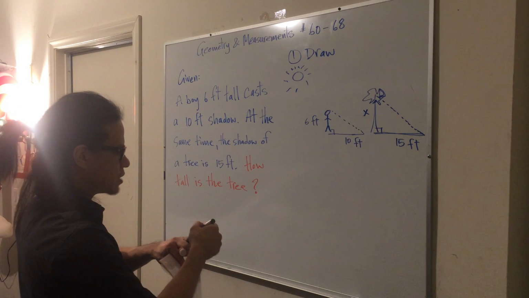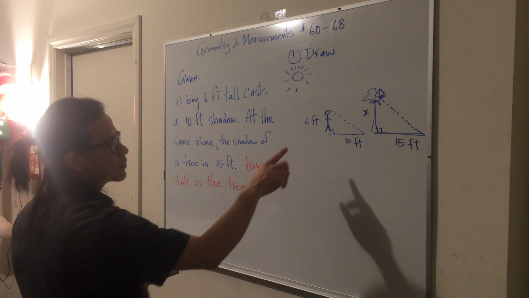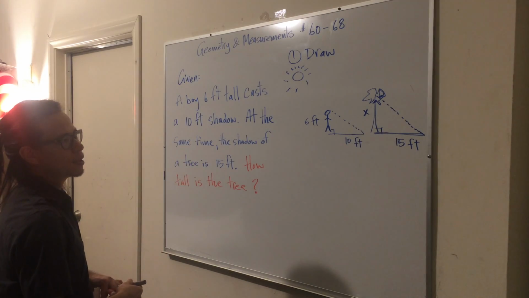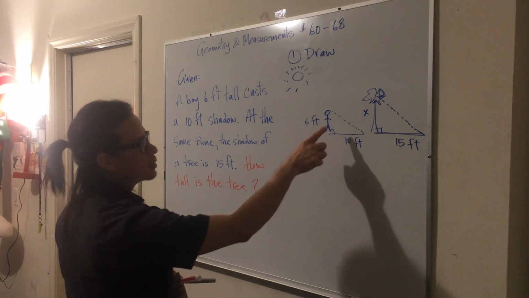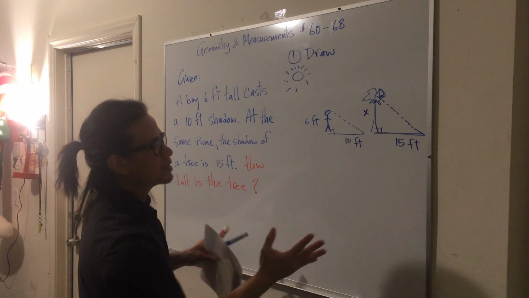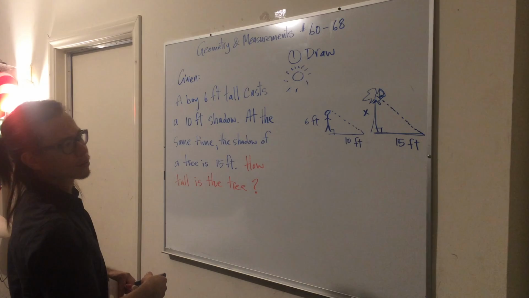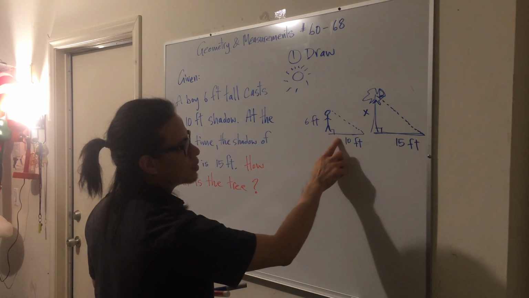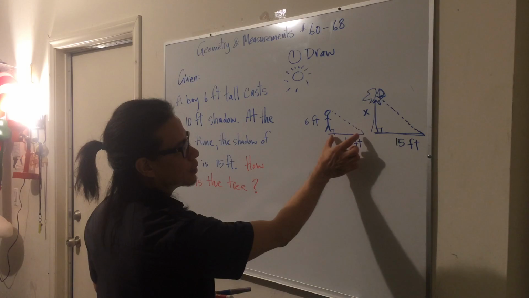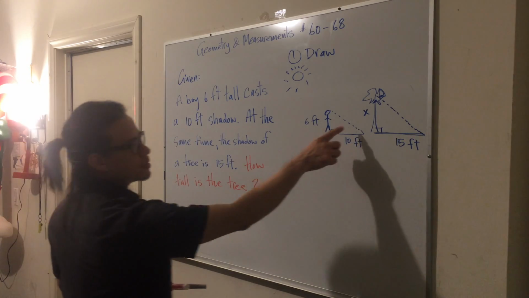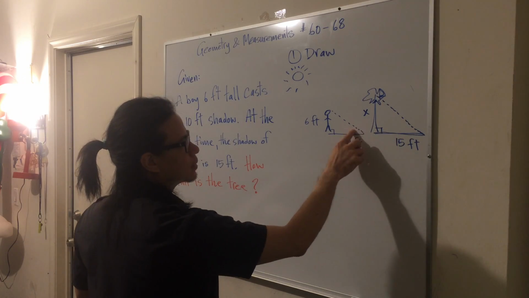The trick to this question is to realize that we have two similar triangles to deal with. By saying that they are similar, we mean that they have the same shape, but just different size. As you can see, the shadow of the boy is shorter than the shadow of the tree. These two angles will be the same.